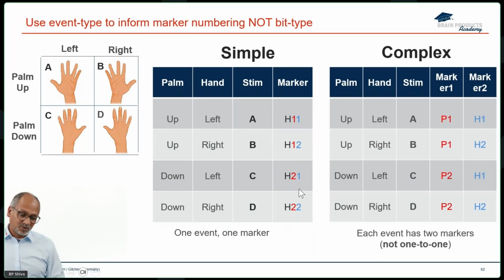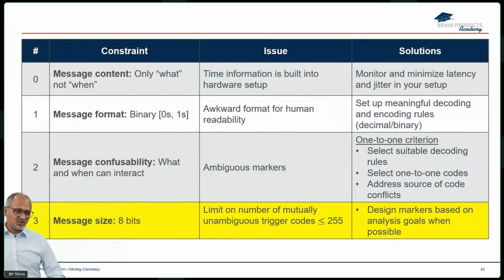But a potentially equivalent way to do this, which is a far more complex one, is to try to get a separate marker for each factor. So every time the stimulus is presented, it generates 2 possible markers, P1 and P2, based on whether the palm was up or down. The problem is that with this structure, each event has 2 markers as a result, and it's no longer one-to-one, and it may or may not be helpful during analysis. So in general, the take home here is to design markers based on the analysis goals when possible.